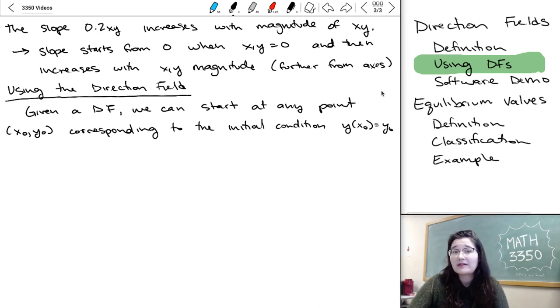So when we learned about initial value problems, we're given some y of x0 equal to y0, the place where the differential equation solution should start. And so when we look at the direction field, we want to start at that point, x0, y0.